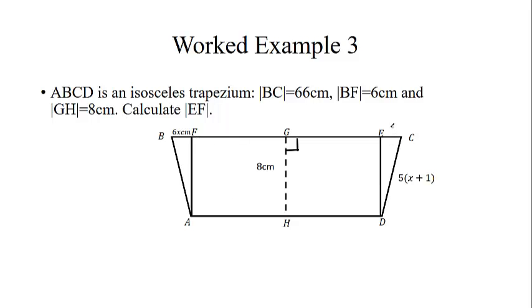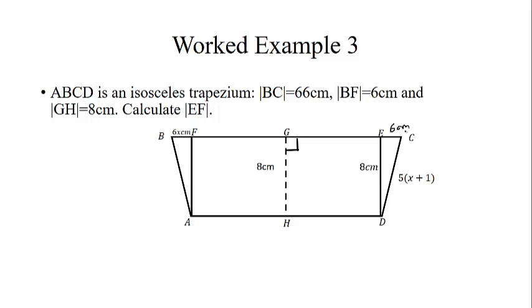Now we know that this is also going to be 6 centimeters because of the isosceles properties of the trapezium. Then because this is the vertical height, this must also be equal to 8 centimeters.